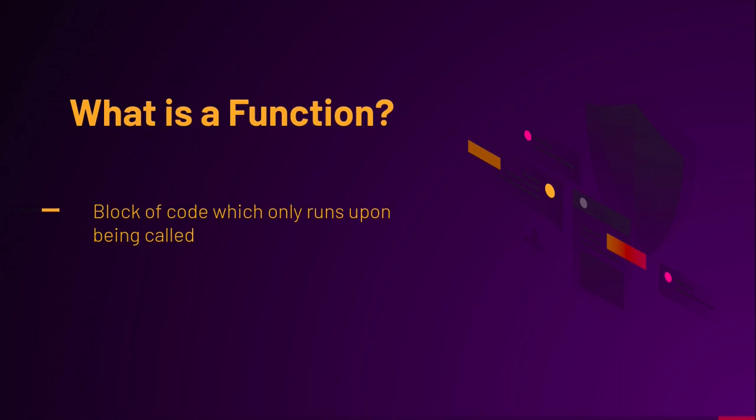This function only runs when it is called, and you can call it as many times as you want, which means that you can use a certain block of code that you defined multiple times. Let's look at the syntax. You start with def, that's the keyword, and then the name of your function, and then open and close parentheses.